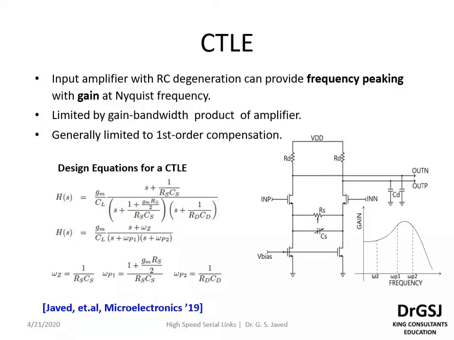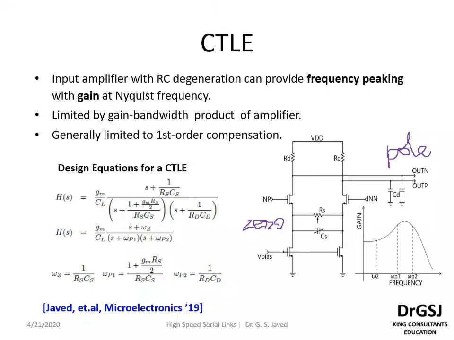If you observe, the RS and CS give rise to the zero in the frequency, whereas the RD and CD give rise to the output pole, which decides the cutoff range of the operation.